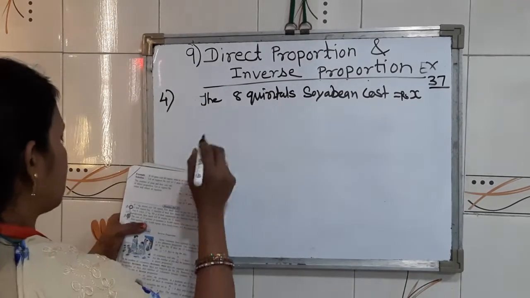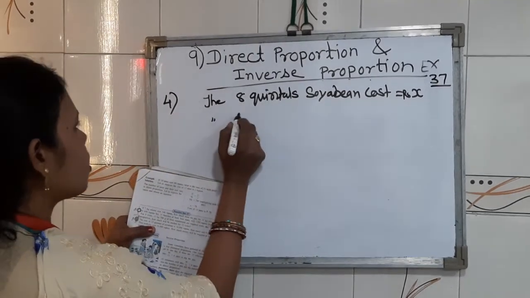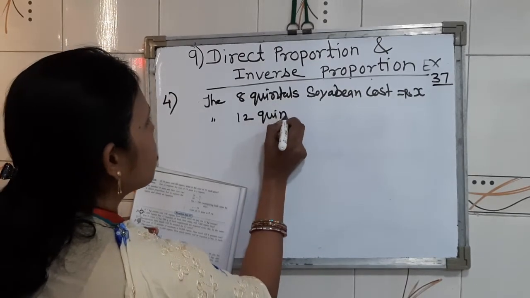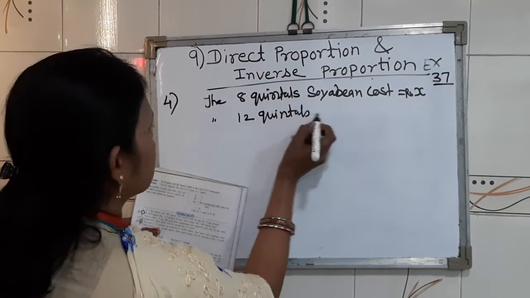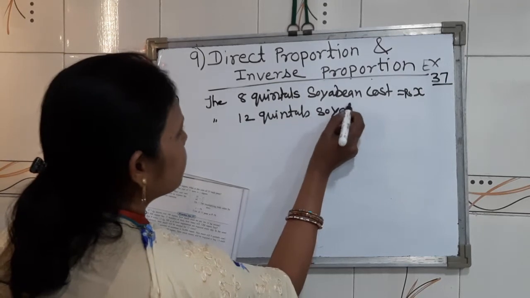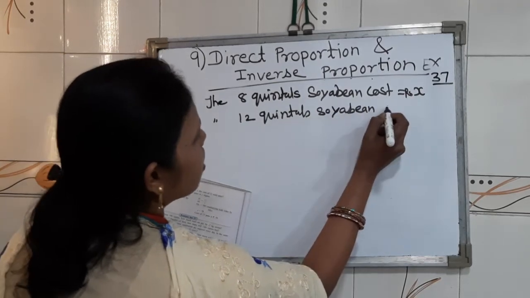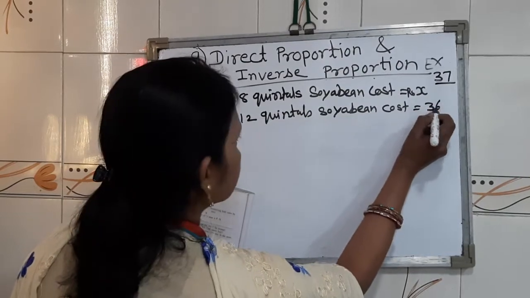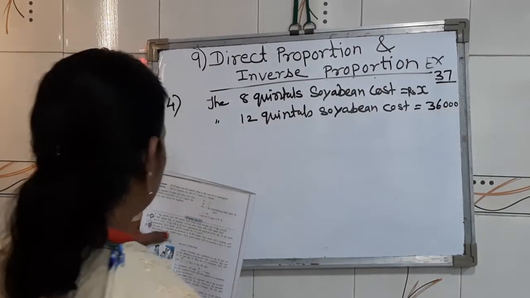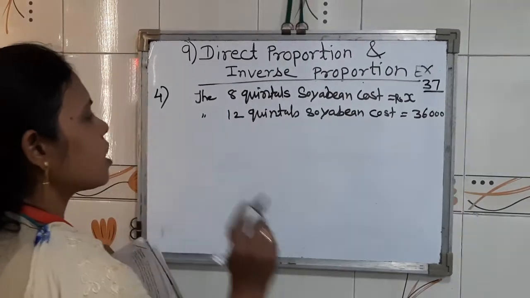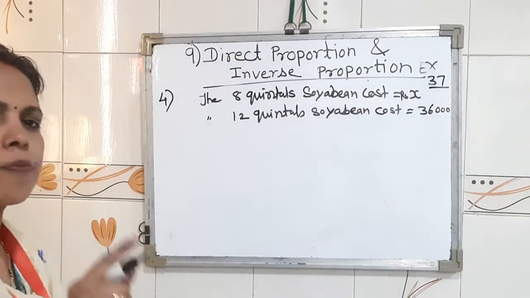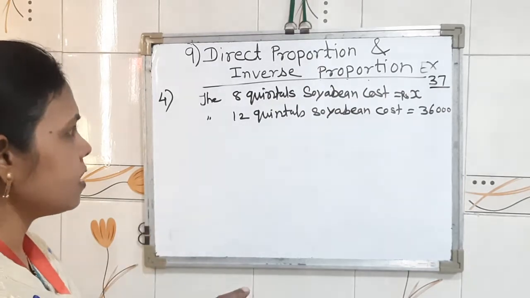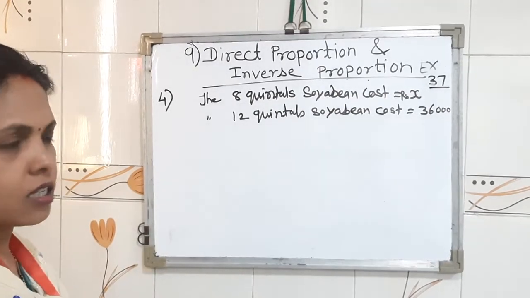One more is given: the 12 quintals soybean cost equal to 36,000. So children, here is direct proportion between soybean and the quintals.